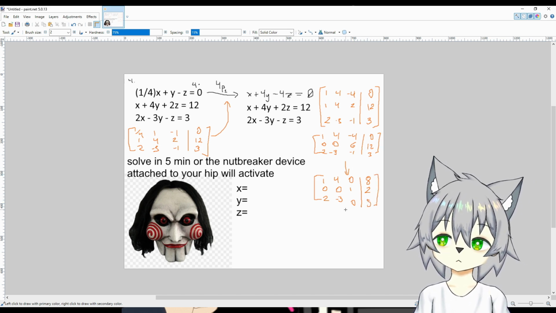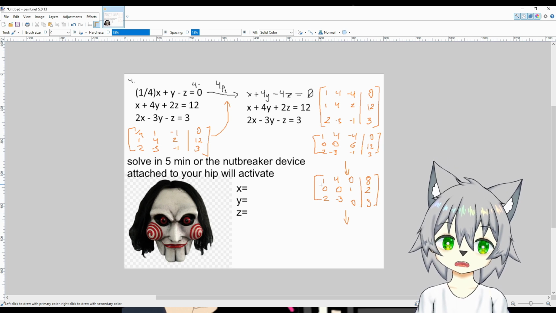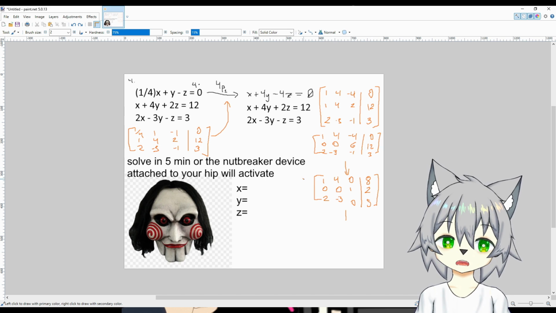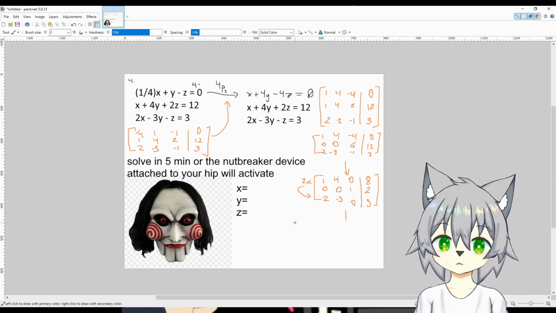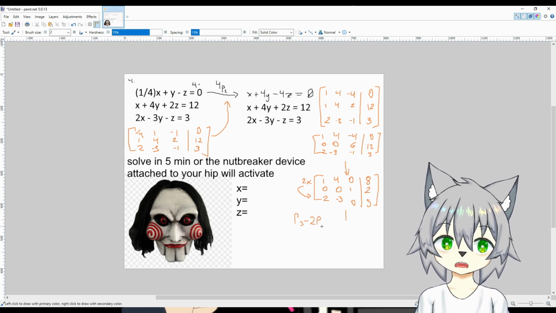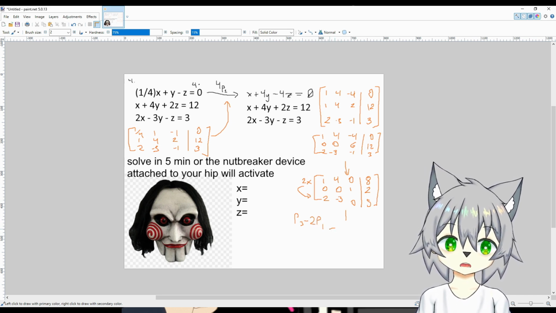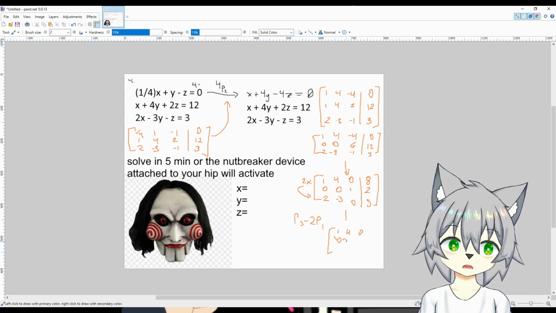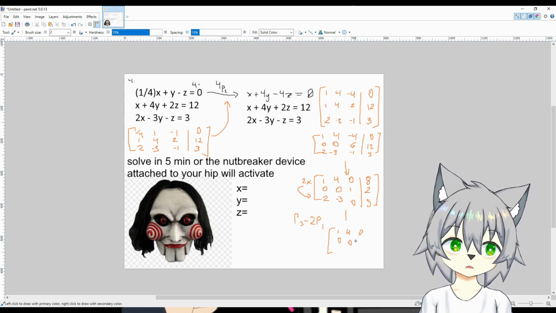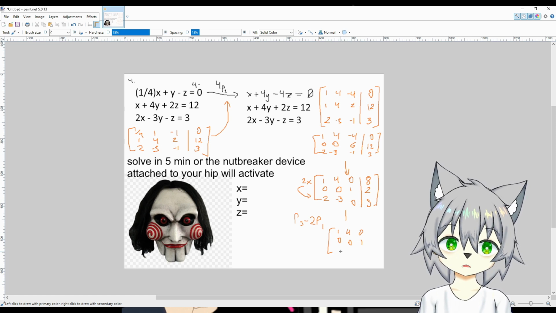And then we multiply this row by 2, and then subtract that from here. So we have R3 minus 2R1, and we basically get 1, 4, 0, 0, 0, 1, and then we have 0.